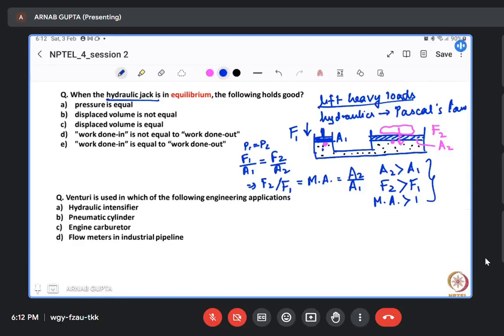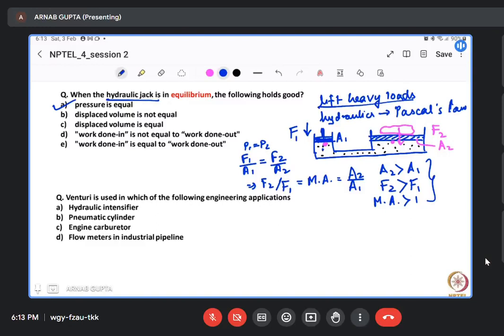So the question asks, when the hydraulic jack is in equilibrium, which of the following statements hold good. Pressure is equal: as we know, pressure on both sides will be the same, so that is correct. Displaced volume is not equal. Displaced volume is equal. Work done in, that is the input work, is not equal to work done out, that is the output work.